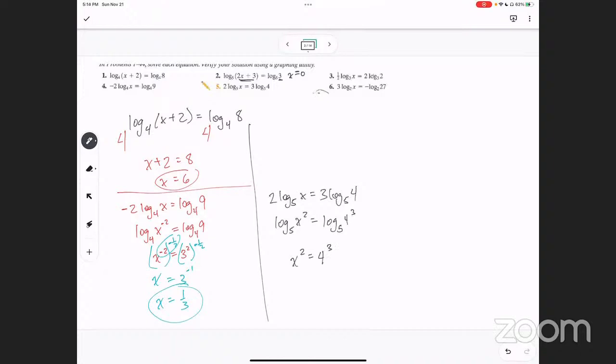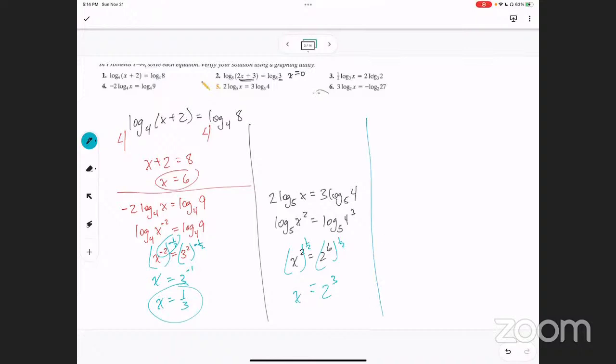And remember, 4 is just like 2 squared, right? So I'm going to write 2 to the 6th. You follow that? And then I'm going to take the square root, the 1/2 power of both sides. And the 1/2 power is going to be 3. X equals 2 to the third, which is 8.